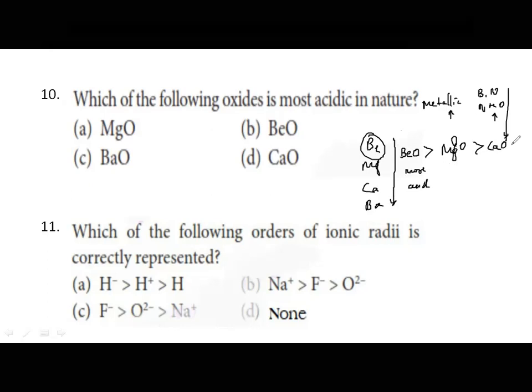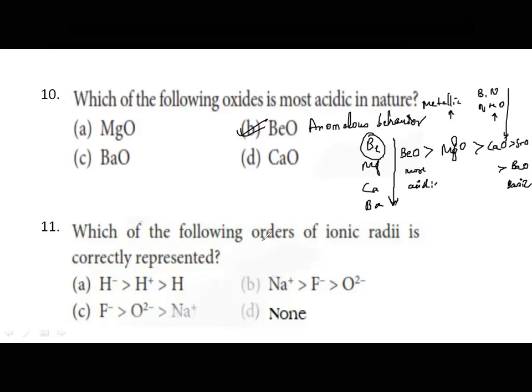Then we have calcium oxide, strontium oxide, which is not given here. Last is barium oxide. This is highly basic. Yes, as basic nature increases down the group, the top ones are acidic in nature. Therefore, the most acidic is beryllium oxide. And that is the anomalous behavior of beryllium. We have discussed the anomalous behavior of the first element of each group.